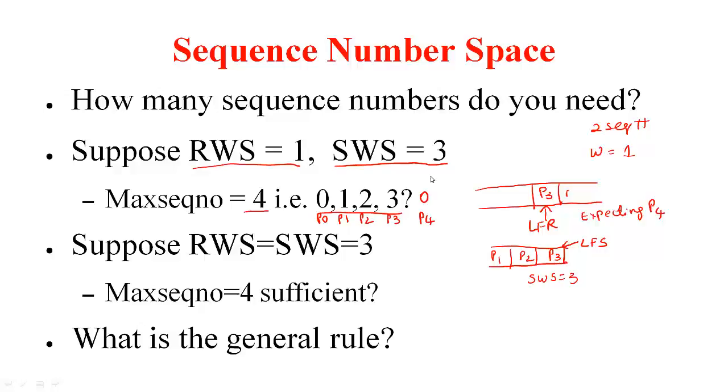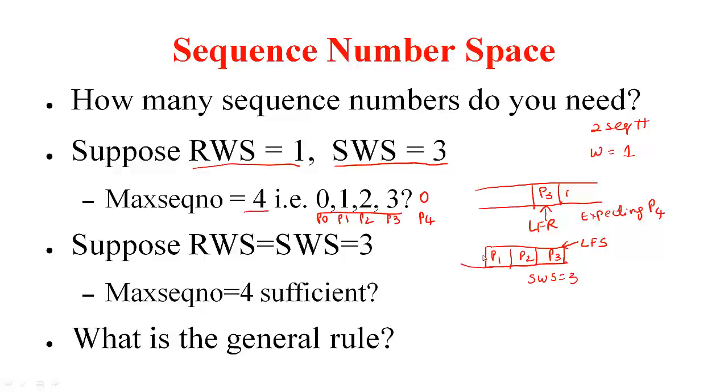If P3 wasn't the last frame sent, you would have moved away from P0, and thereby there is less chance of confusing P0 with P4. In this case, if LFS was indeed equal to P3, then there's a potential for P0 to be confused with P4. Given that SWS is equal to 3, the sending window has to be something like this.